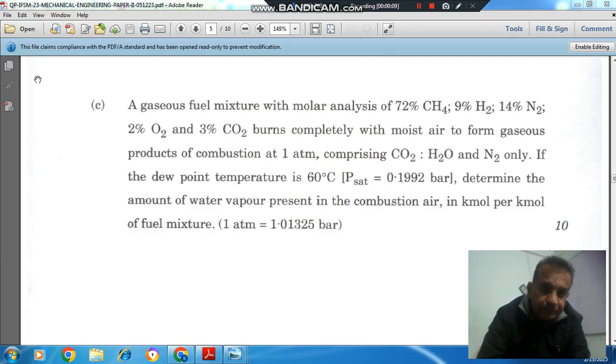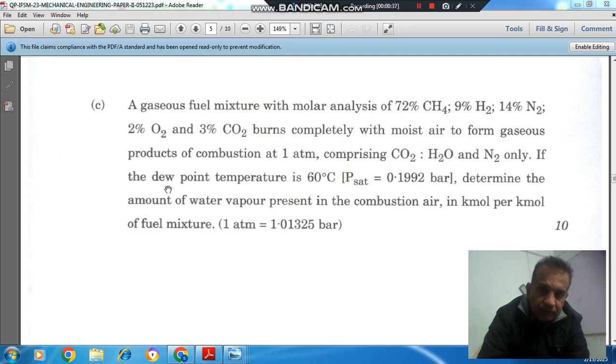Question number 4: a gaseous fuel mixture with molar analysis of 72% CH4, 9% H2, 14% N2, 2% O2 and 3% CO2 burns completely with moist air to form gaseous products of combustion at 1 atmosphere, comprising CO2, H2O and N2 only.